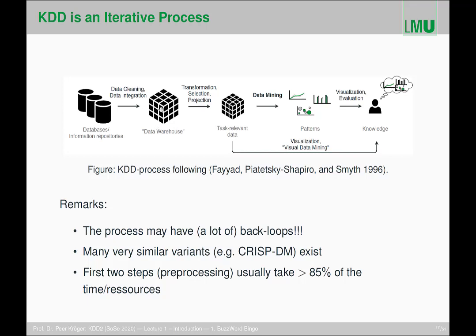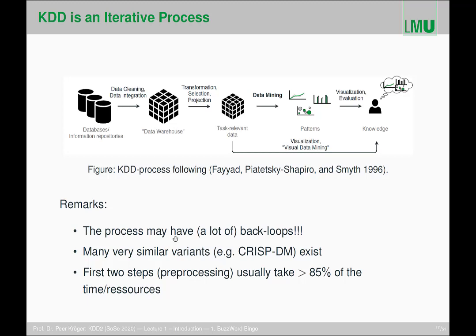Everything is loaded into a data warehouse from different sources. Data is cleaned, data is transformed, so that you have hopefully task relevant data, and then you can do the traditional reporting stuff, visualizations like dashboards and reports and visual data mining, and you can do the magic machine learning stuff where you apply some magic method from machine learning to give some more advanced patterns, and then you tell it to the people.